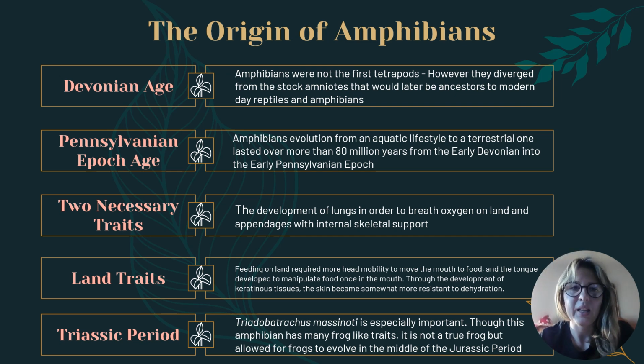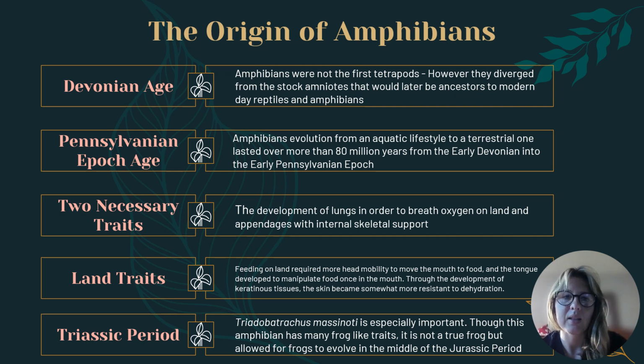This did go ahead and jump into the Pennsylvanian epoch, where amphibians evolved from the aquatic lifestyle to the terrestrial one. This lasted more than 80 million years from that early Devonian time period into that early Pennsylvanian epoch. So it took about 80 million years for them to go from aquatic tetrapods to terrestrial tetrapods, allowing them to emerge on land.